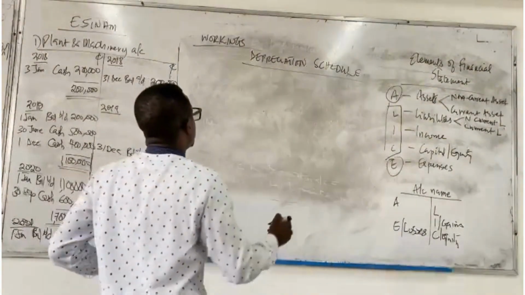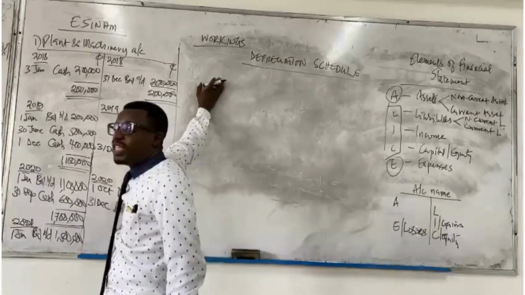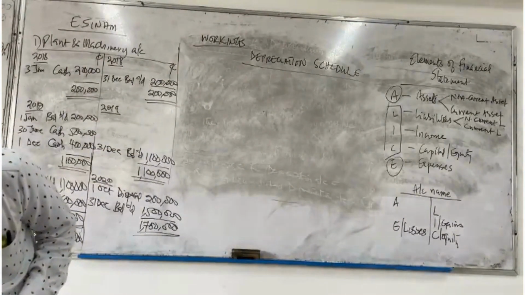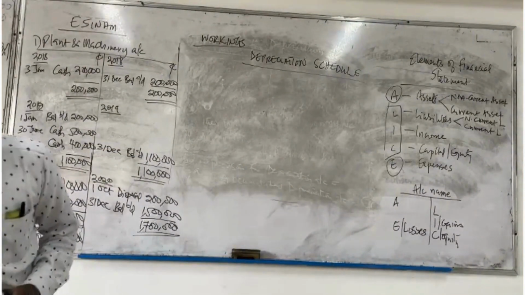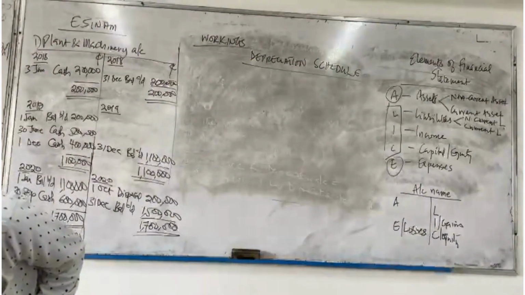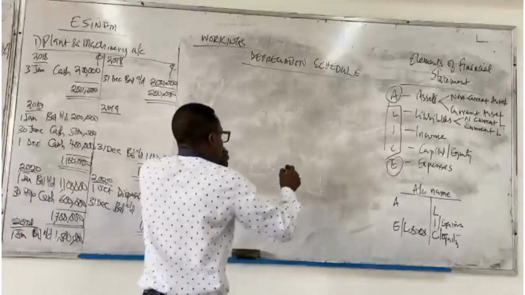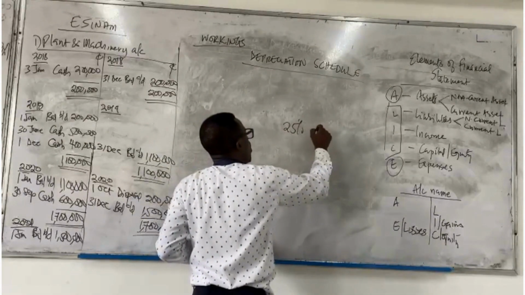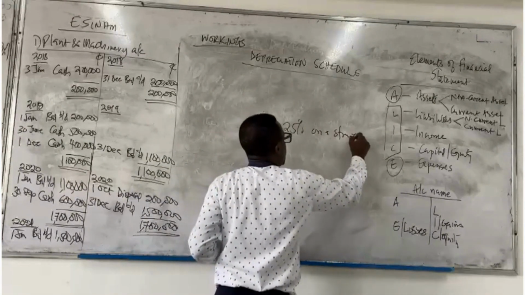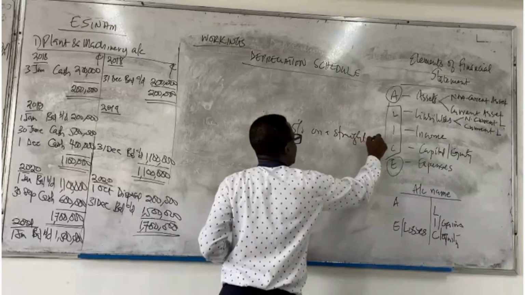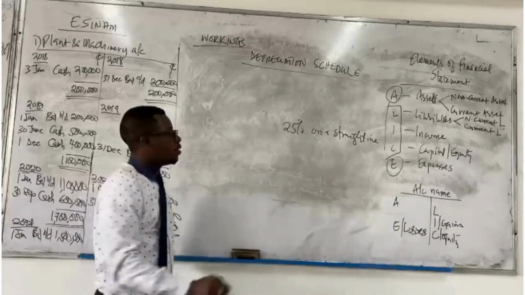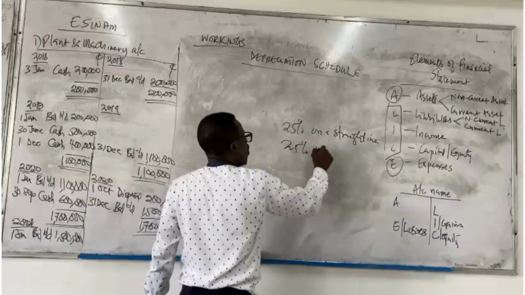All right, let's continue. When I construct a depreciation schedule, in this very question, it is provided that we use one method of depreciation, which is called straight line. Mostly, the question could say 25% on a straight line basis, or using the straight line method, or 25% on cost.